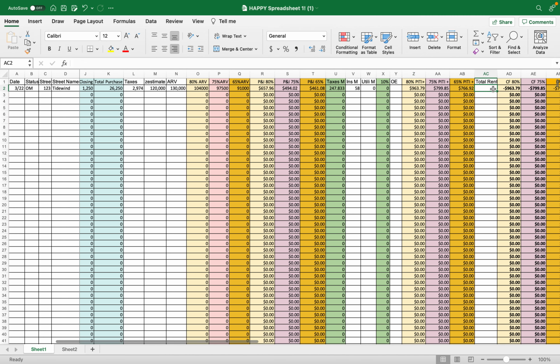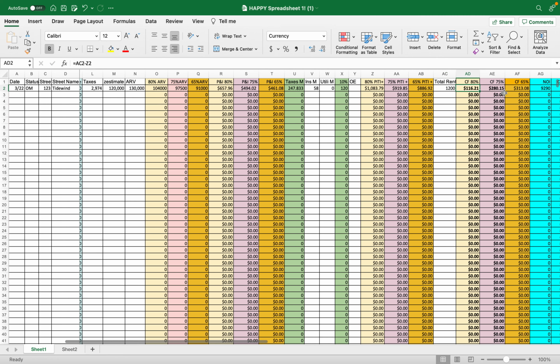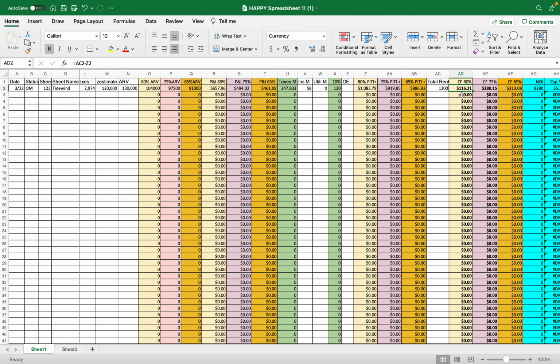Now I know that my market rent when we bought this property was $1,200. So if the market rent is $1,200, now this is what I'm really looking for: how much is this property going to cash flow? At this product, it's going to cash flow $116. At this product, it's going to cash flow $280 a month. And at this product, it's going to cash flow $313.